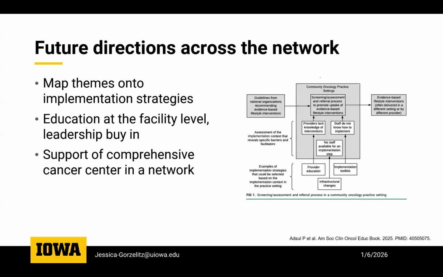That's based on the implementation strategies. The practice change that we have to do at each of these organizations will take time. And that's if folks want to change their practice. The goal here is to help individuals with cancer survivors across the state, improve their physical activity and their health outcomes. So there will not be one solution, but we're looking forward to figuring out what works and why.